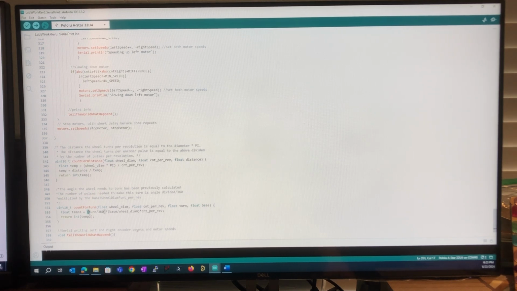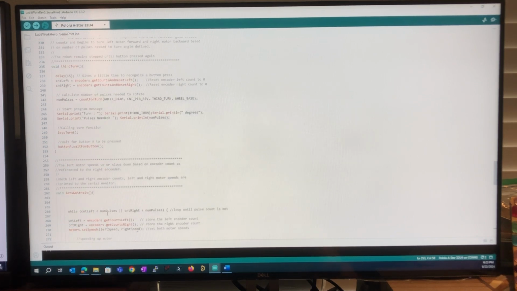Here we're basically doing a pulse calculation. I'm doing the angle divided by 360 times the base divided by wheel diameter times the count per revolution, and then I return an integer, even though it was a float.